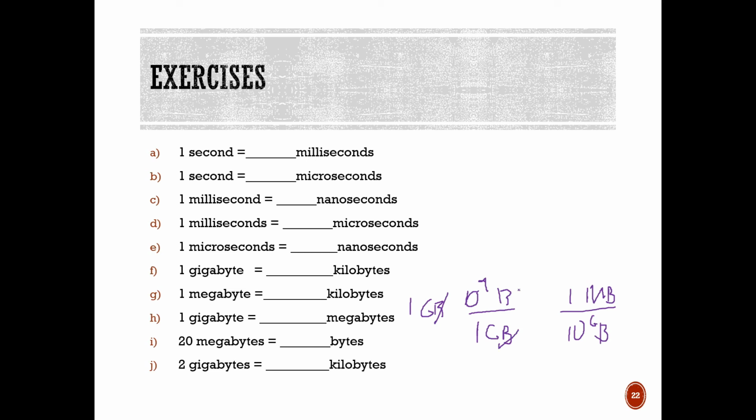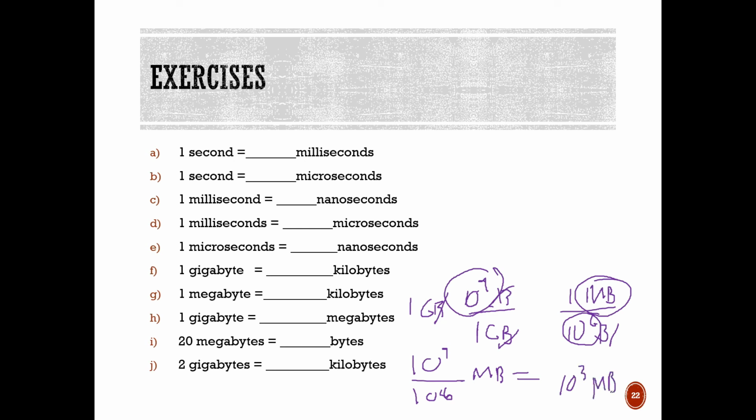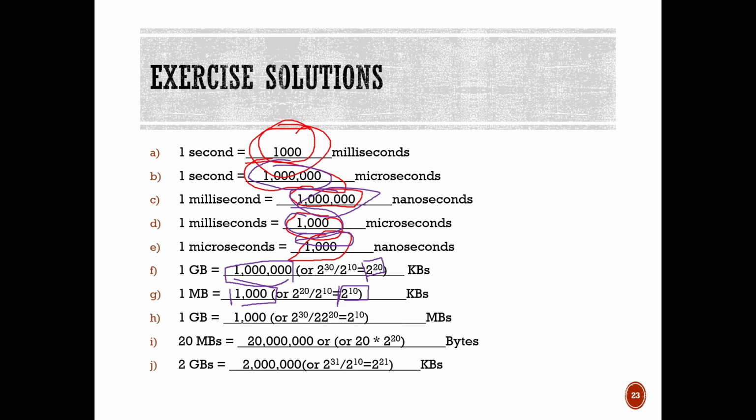Gigabytes cancel. Bytes cancel. We are left with megabytes. 10 to the 9 divided by 10 to the 6 leaves us with 10 to the 3rd megabytes. So that is 1,000 megabytes.